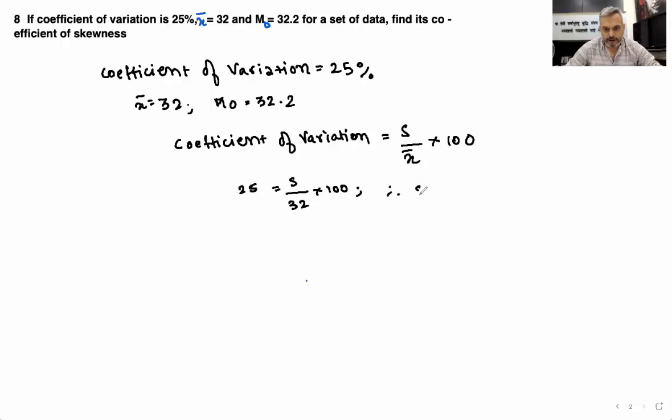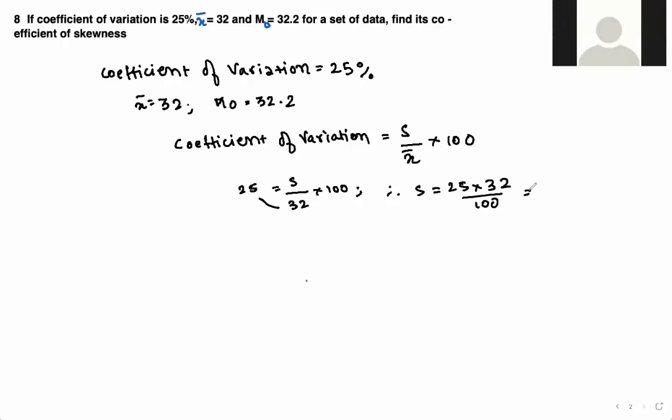So therefore standard deviation is equal to, here we multiply, 100 we divide, so 25 into 32 divided by 100, which is equal to 8. So now you have standard deviation 8.